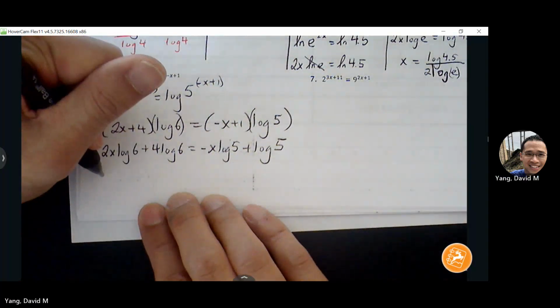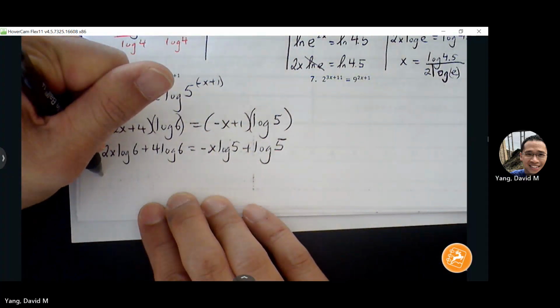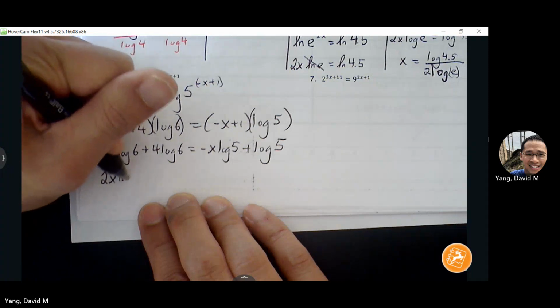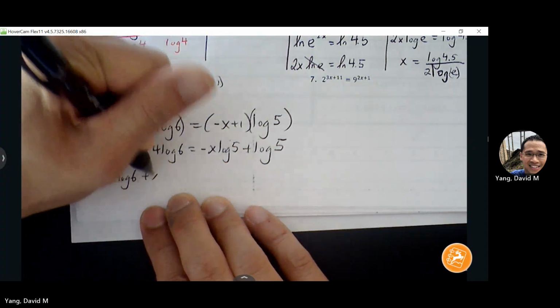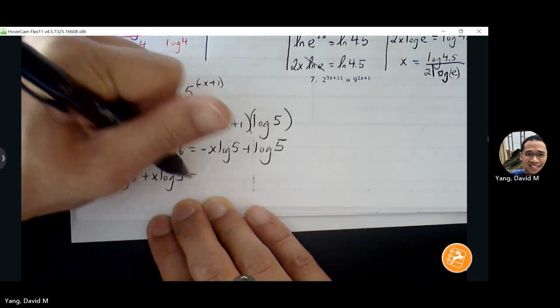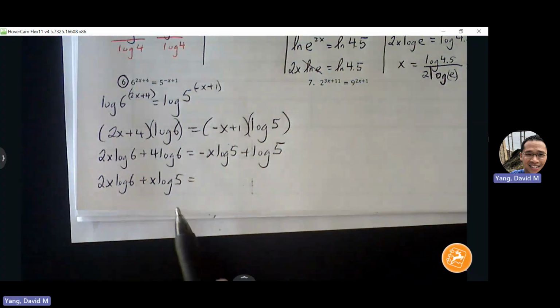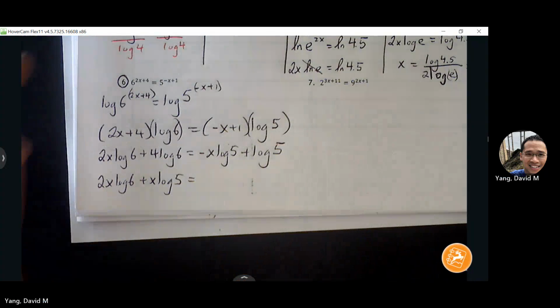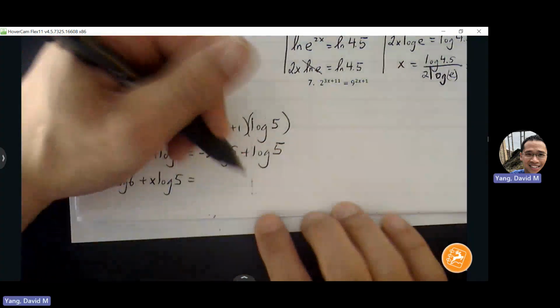Put the x values on one side and the other terms on the other side.